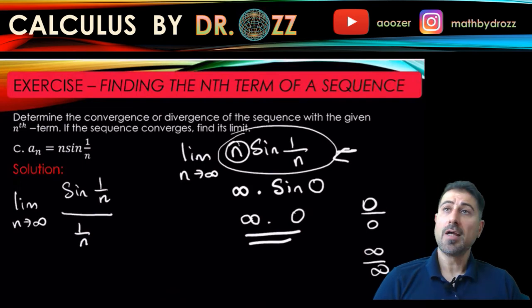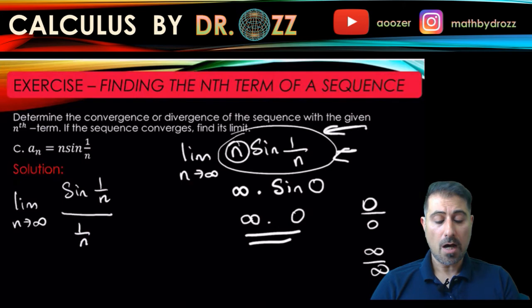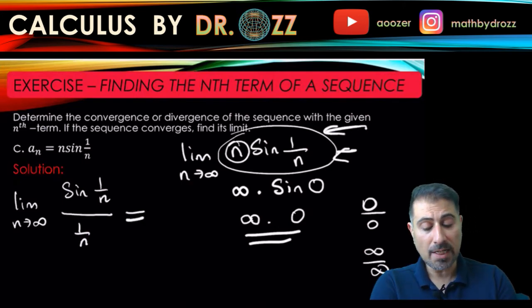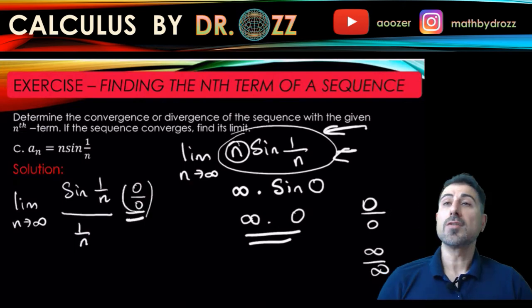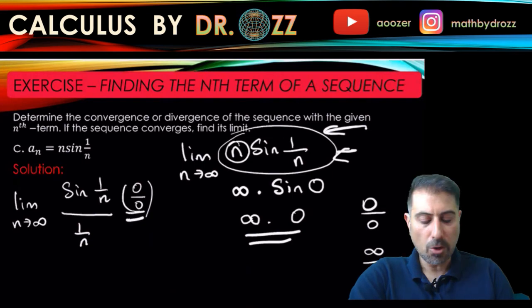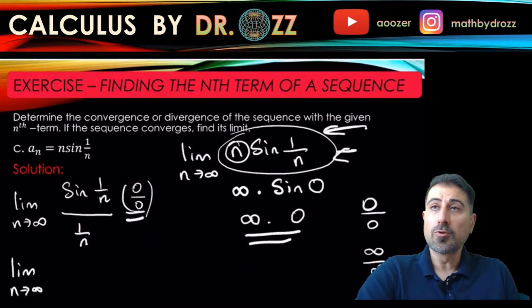But writing this expression this way allows us to use L'Hopital's rule, because sine 1 over n is already converging to 0, and the bottom is also 0 because it's 1 over infinity, so it converges to 0. So now I can use L'Hopital's rule. And what was L'Hopital's rule? We just take the derivative of the numerator and denominator separately.